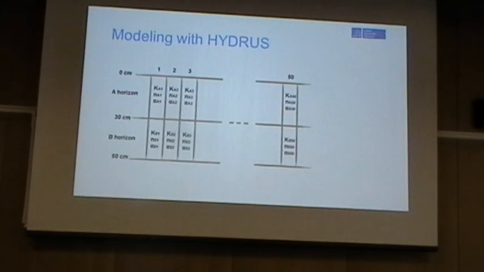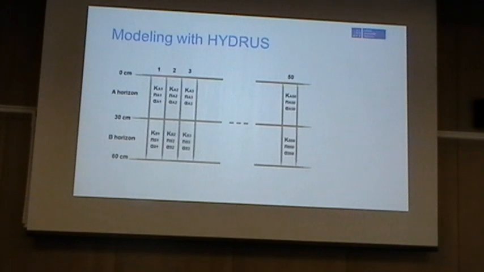So, in Hydrus, we set the geometry as a rectangle which has a longitudinal length of 250 meters and a vertical length of 0.6 meter.